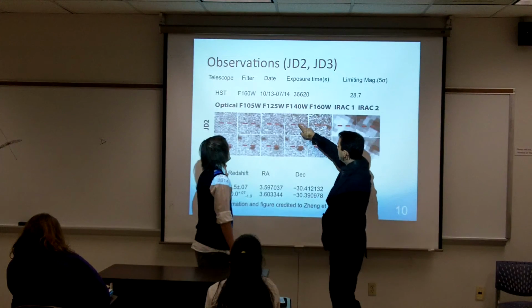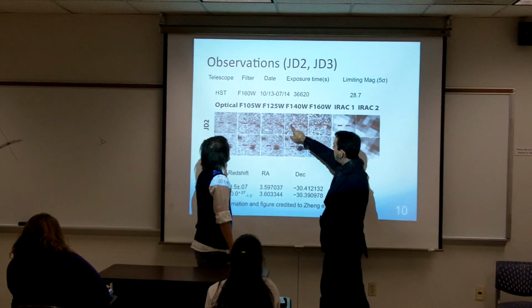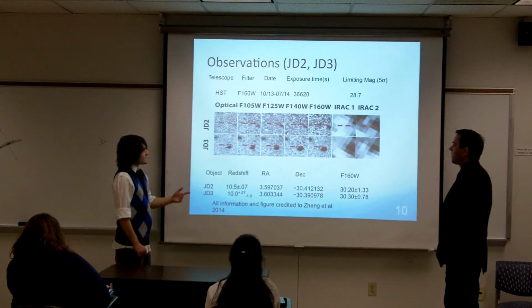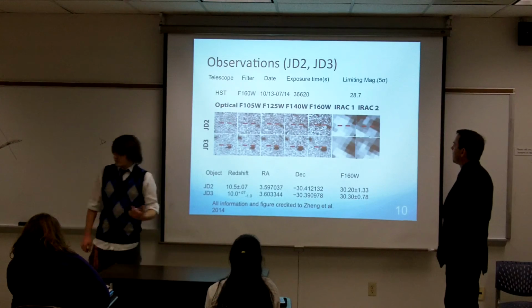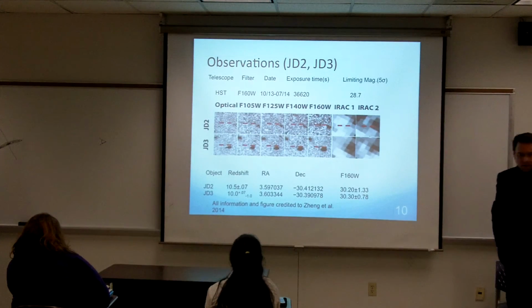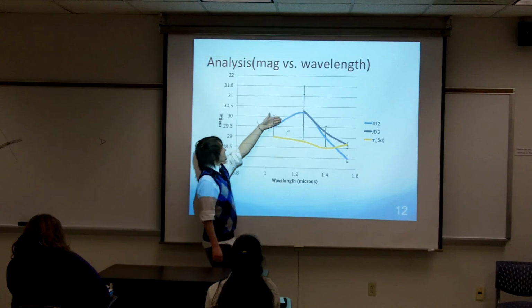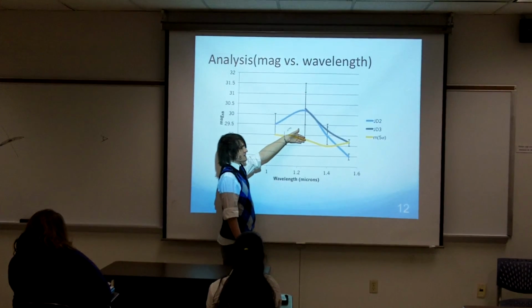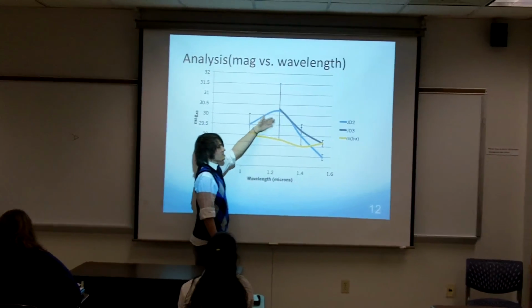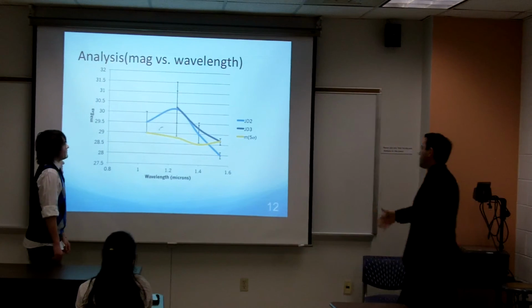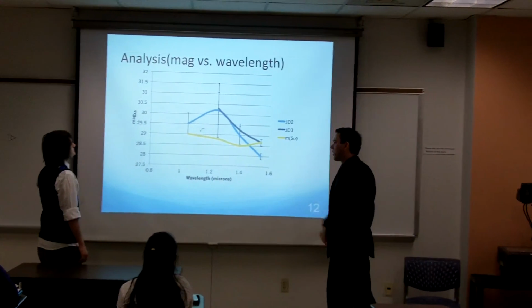But it looks like you can't see the object very well, if at all, at shorter wavelengths. Why is that? That's one of the things I want to go back and check, because on this graph the magnitude is way higher than the limitations of the filter, which I thought was very confusing. So why is the object faint at those wavelengths? It looks like it's getting brighter at longer wavelengths.